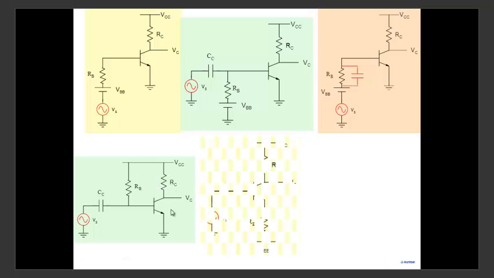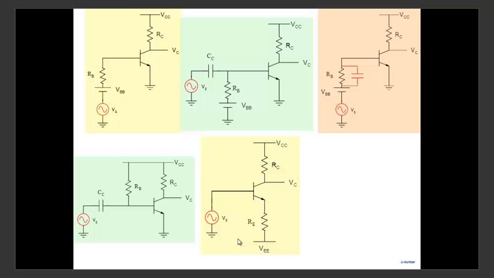What about this one here? What about this solution? Remember what our goal is: to bias the transistor as well as apply the signal such that the entire signal appears across the base emitter junction. Would this work? In what sense will it not work? Let's look at the biasing.